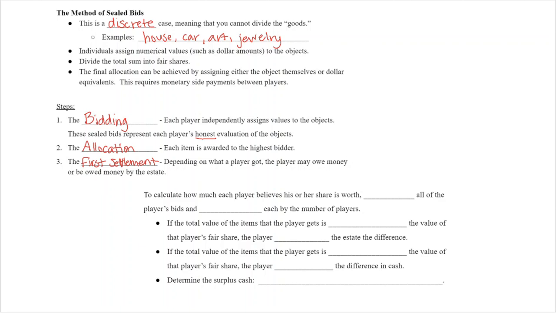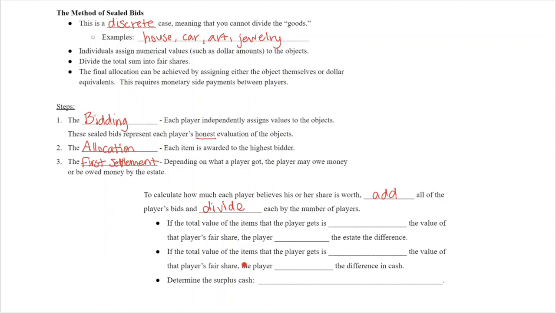So to calculate how much each player believes their share is worth, you add all of their bids and divide by the number of players. So that tells you what each player's fair share is, and these will typically be different amounts for different players.